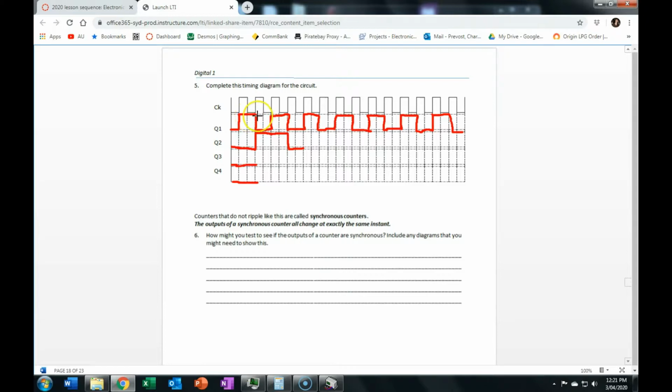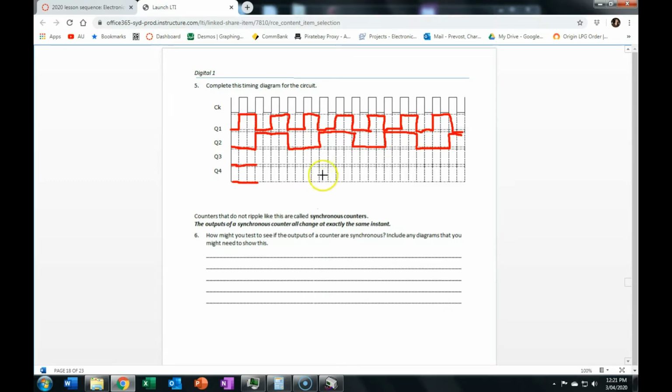Likewise, when Q1 goes from a high to a low, not Q1 goes from a low to a high, which is what causes that second flip-flop to change if its clock input is connected to that. So when we're looking at these here, we don't care about when Q1 goes from a 0 to a 1, but we do care about when it goes from 1 to 0, because that's when it's going to change. So these are going to line up with the falling edges of Q1.